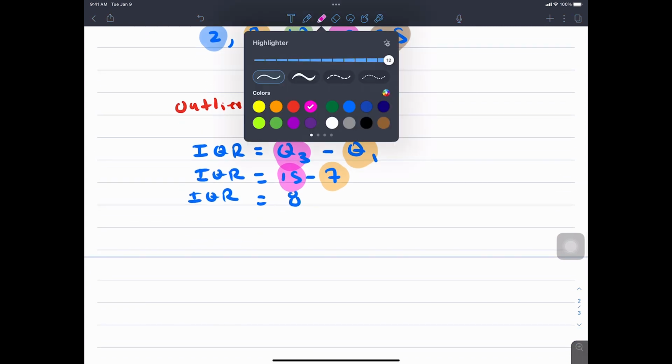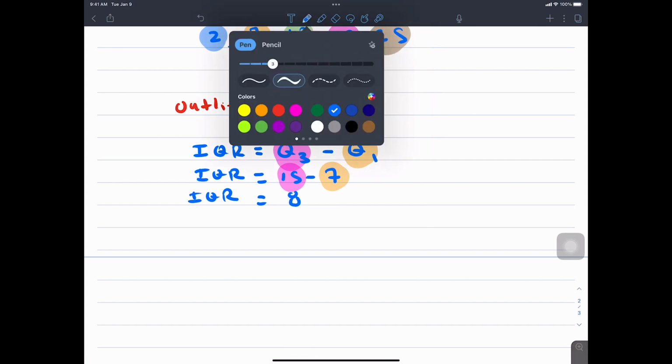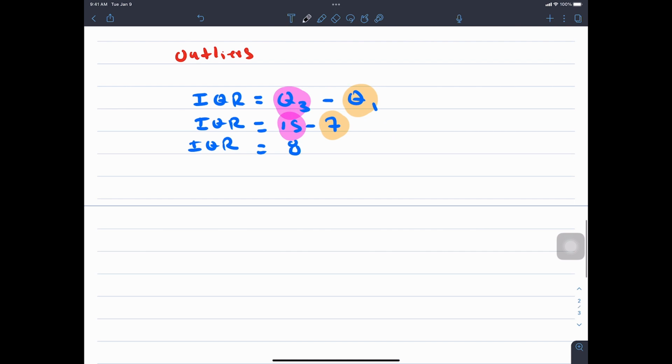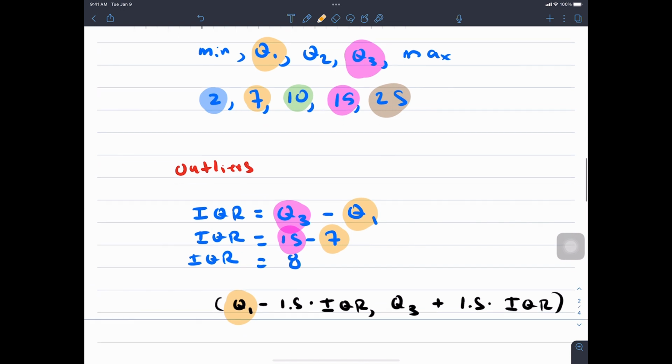Now, why do I need that? Remember the definition: it's going to be an interval, from Q1 minus 1.5 times the interquartile range to Q3 plus 1.5 times the interquartile range. Q1 was orange, that's 7.